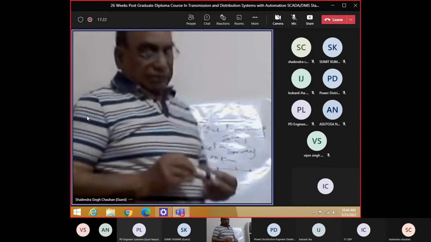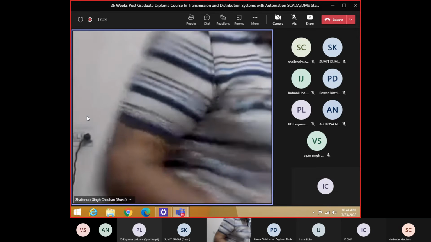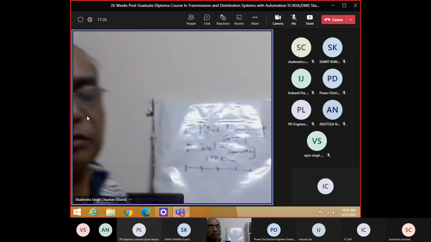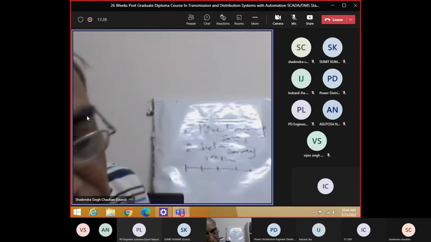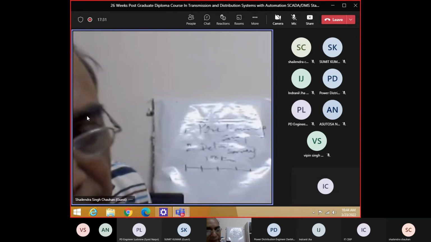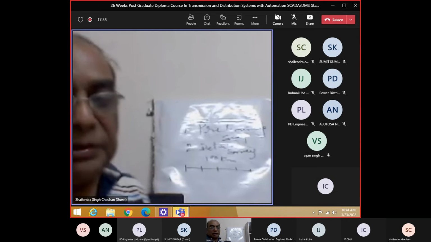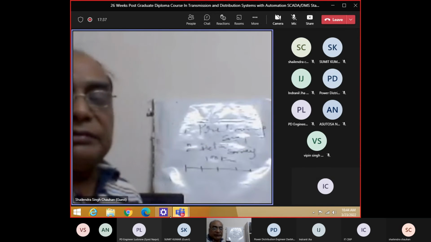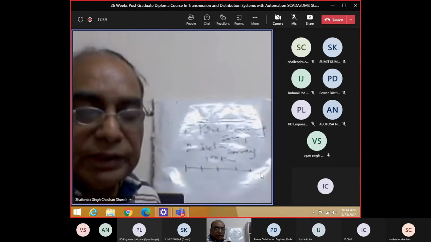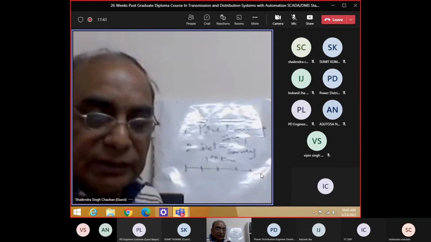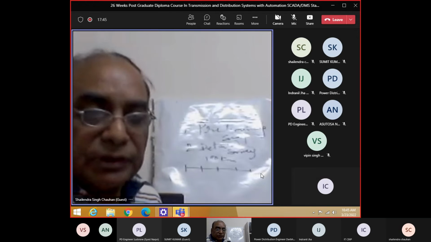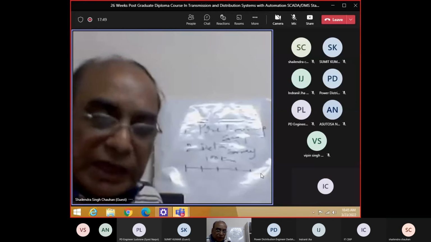One team can work for 20 kilometers, 10 kilometers, or 50 kilometers, as per the manpower and duration available, because we have to complete the line in a particular duration. That duration is nowadays maybe 18 months. So in 18 months you have to complete a 100 or 200 kilometer line. You have to be cost conscious as well as time conscious.